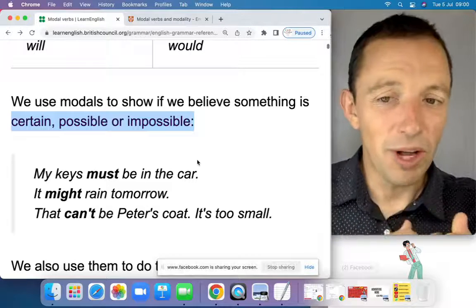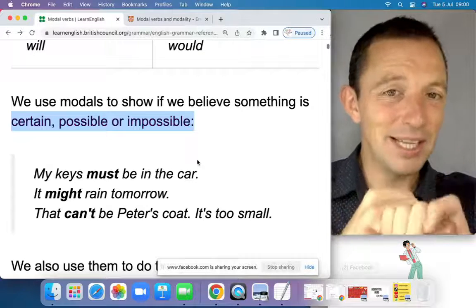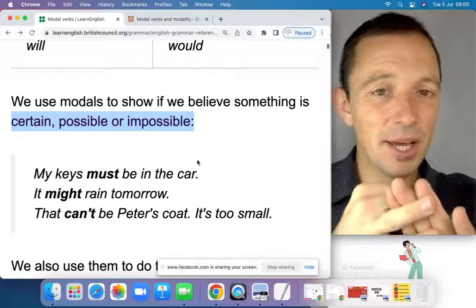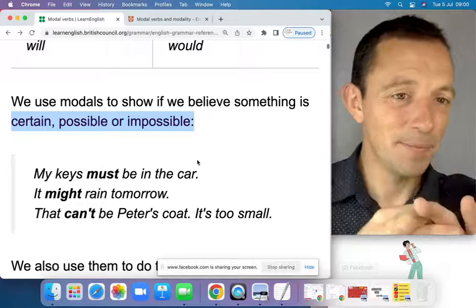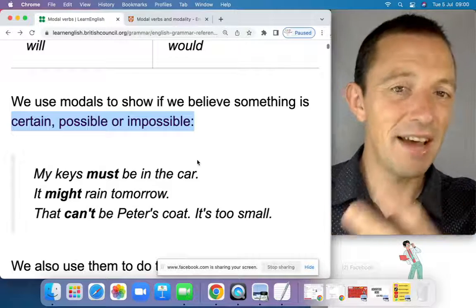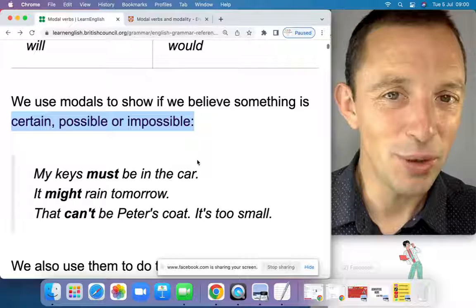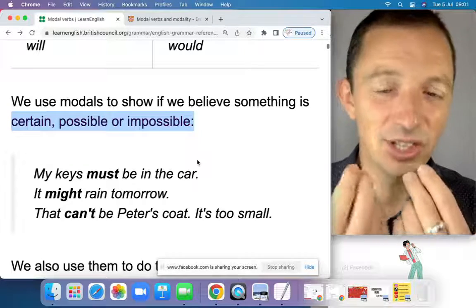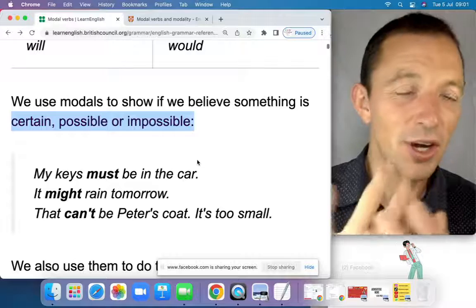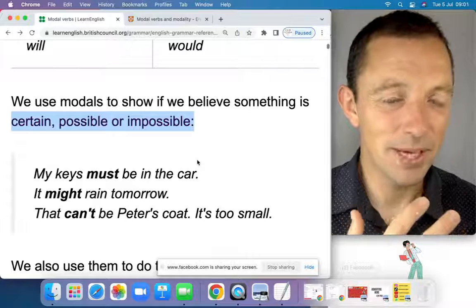We also use modal verbs in situations for possibility, if something is possible or something is impossible. So this is the definition of when we use modal verbs: for something is certain, something is possible, or something is impossible as well.